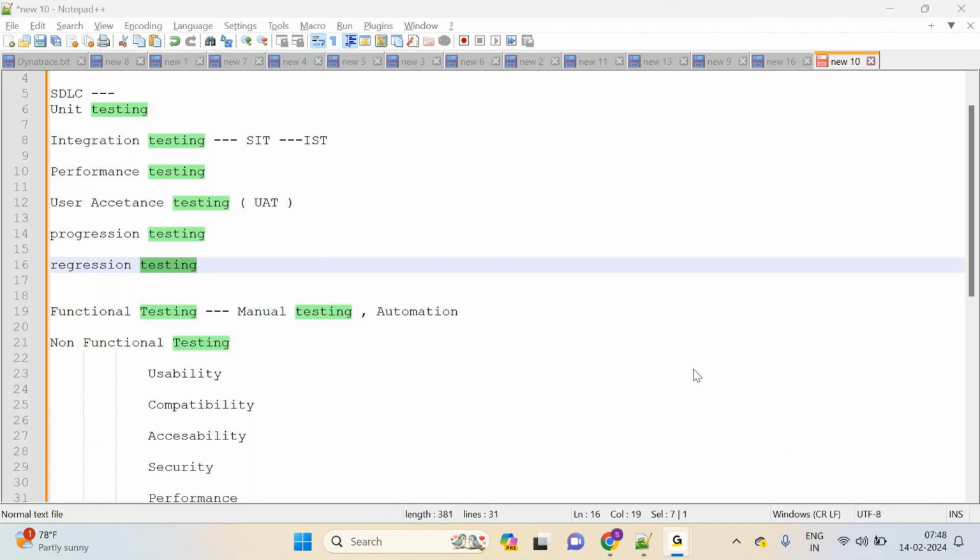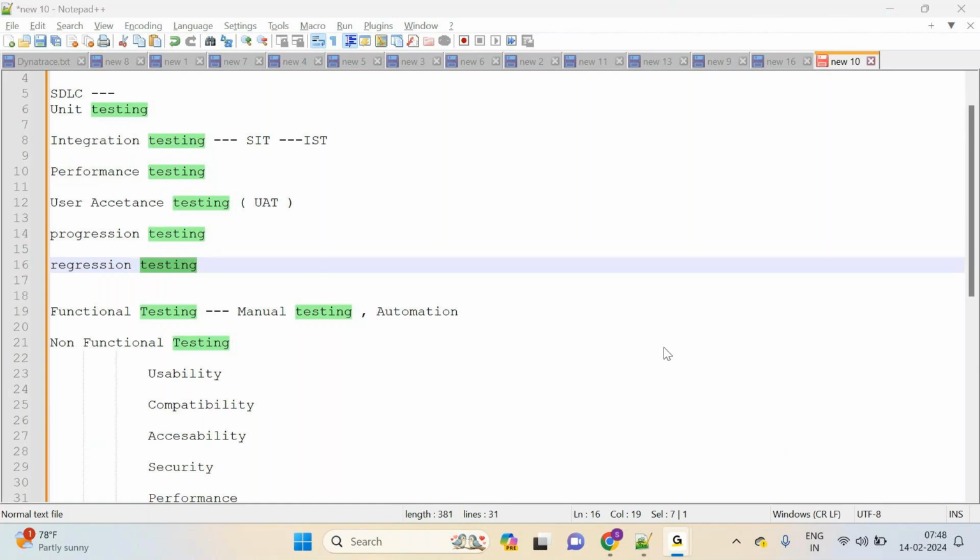Regularly people use these words. In that case, what you need to understand is: this is the first time I'm testing, new functionality is developed, so I call that progression testing. I did it in the last release also, and this time I'm validating whether the functionality is still working without any problem. That time I'm doing regression testing.